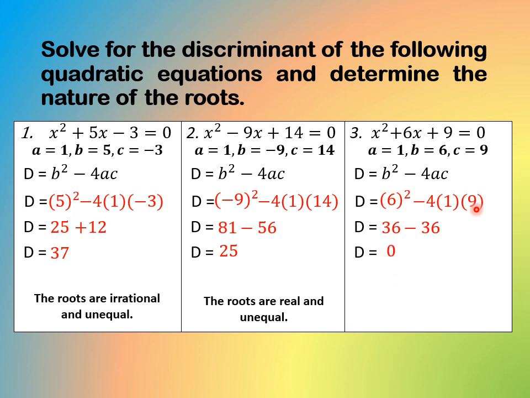Okay, the discriminant is equal to 0. So, kung ang discriminant daw ay equal to 0, ano ang nature of the roots ni x squared plus 6x plus 9 is equal to 0? Okay, so the roots are real and equal.